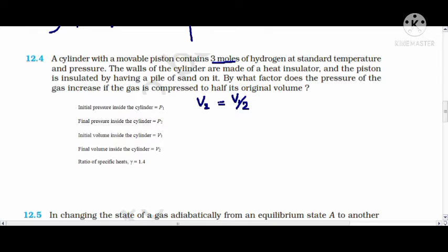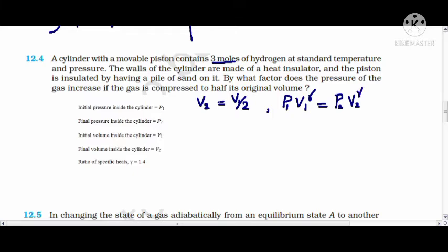Being a diatomic gas, the ratio of specific heats gamma is 1.4, and we can use the characteristic equation for adiabatic process, that is P1 V1^γ = P2 V2^γ.